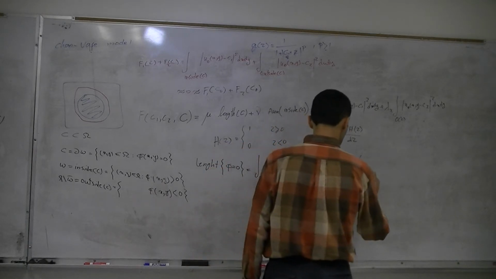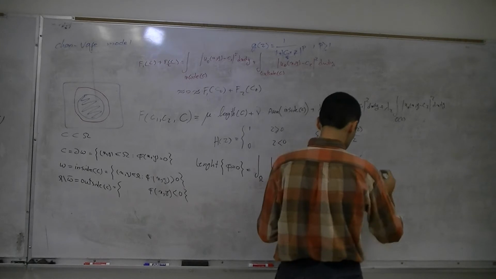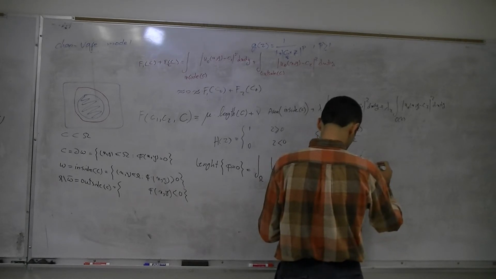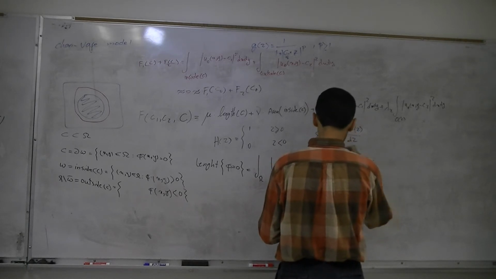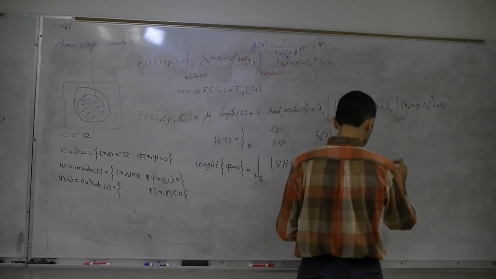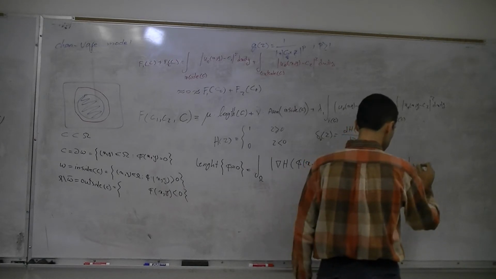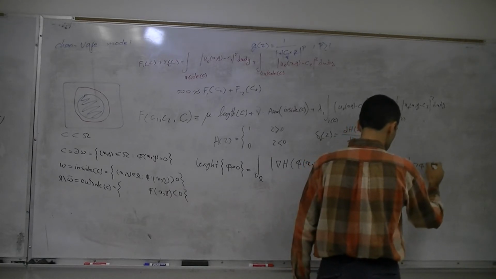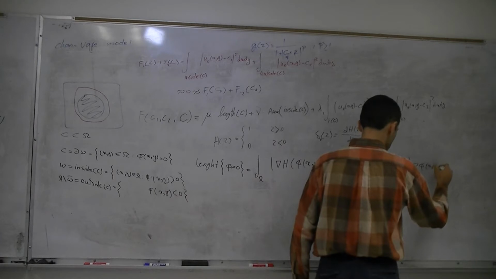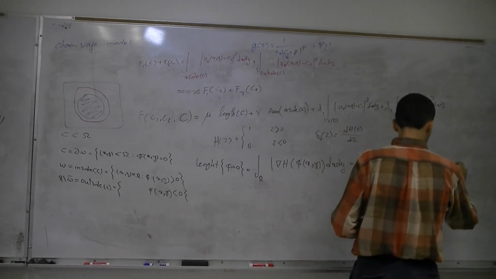This is equal to the integral of delta 0 of phi x, y times the absolute value of the gradient of phi, dx dy.